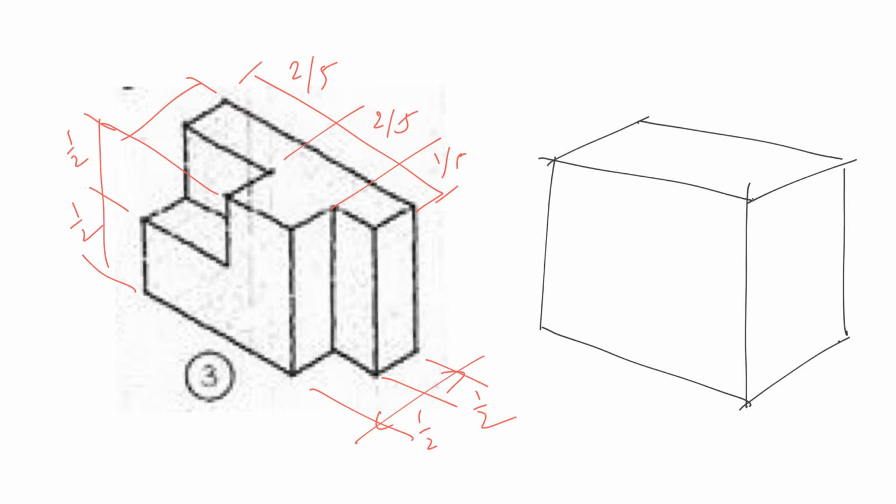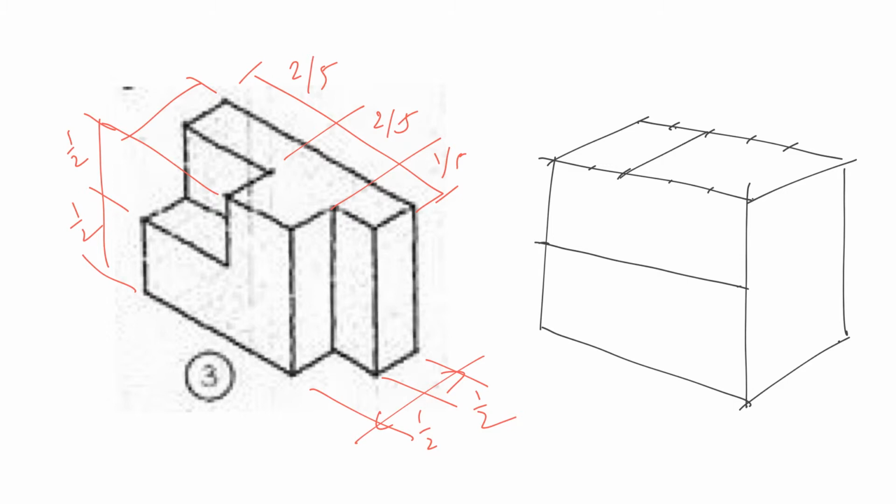Okay, so that is one, and we probably need to do the halfway line here, and then divide it into 5, so we have 1, 2, 3, 4, 1, 2, 3, 4.